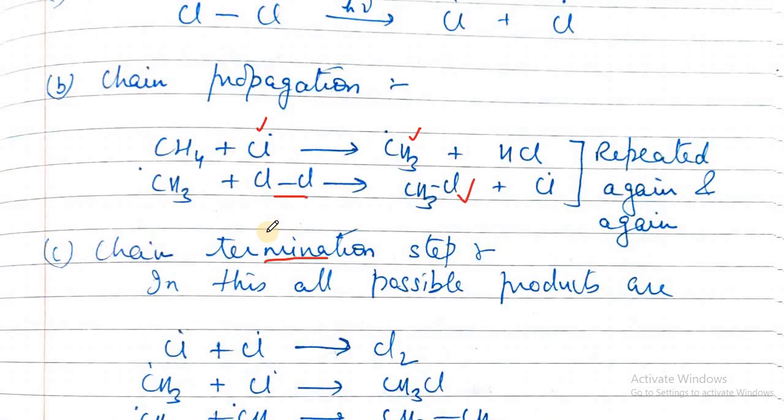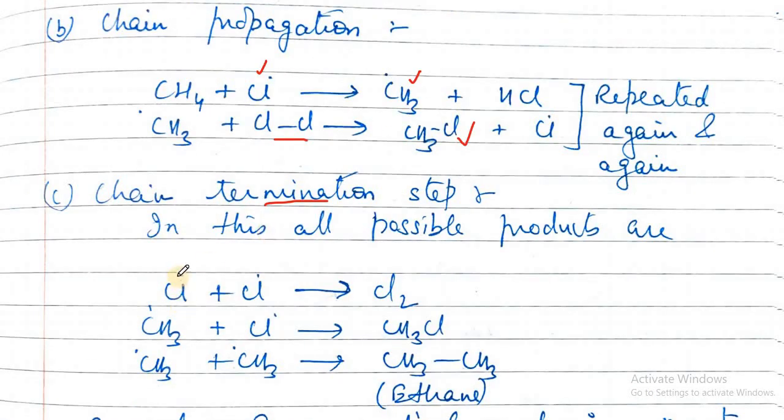Then the chain termination step. In this, any two free radicals can combine. One chlorine free radical can combine with a methyl free radical to give chloromethane, and two chlorine free radicals can combine. If two methyl free radicals combine, then we get ethane, and this product cannot be explained by any other mechanism like electrophilic addition, electrophilic substitution, or nucleophilic substitution.